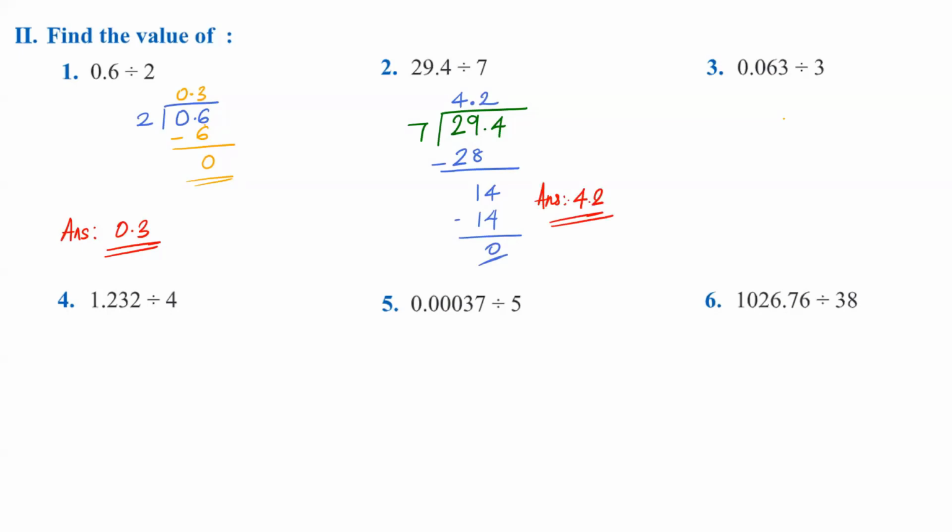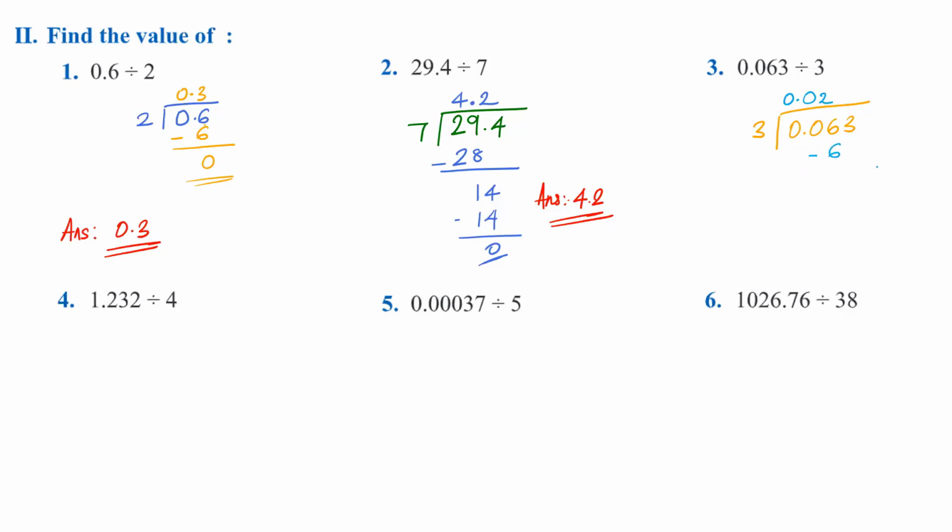Now the third question. 0.063 divided by 3. If the point is first itself, put the point directly. Nothing much to think, you can put the point directly. Then here again 0 is coming. If 0 is coming, again put 0. Then 6. Now is 6 divisible by 3? Yes, it is 2. So write 6 here.